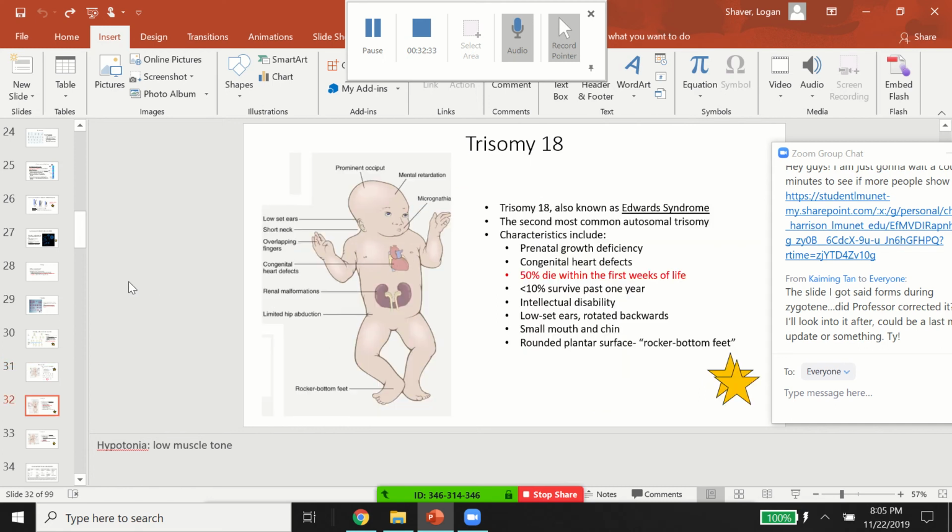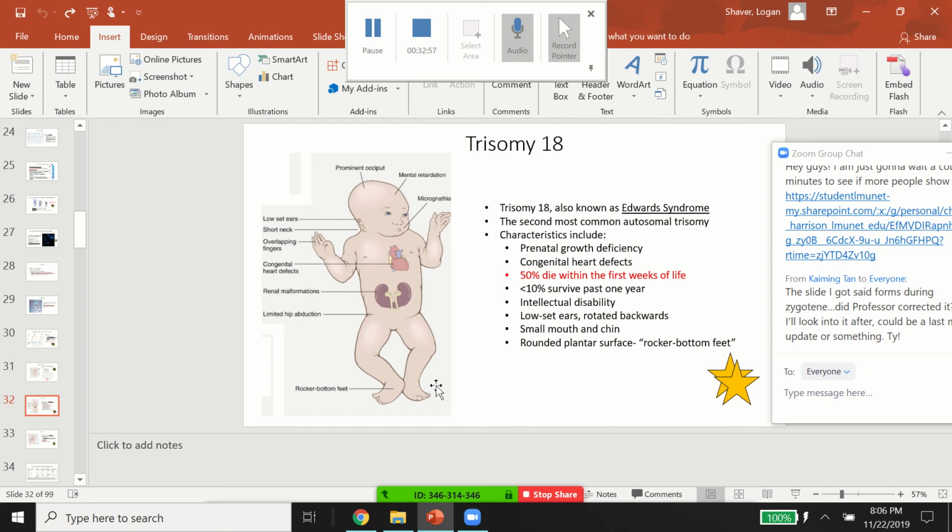All right, trisomy 18, also known as Edwards syndrome. The thing I always typically remember with this, and they do use this a lot, is the low set ears and the micrognathia, which is a small jaw. Those are typically the things you see with those people. Also, the rocker bottom feet.